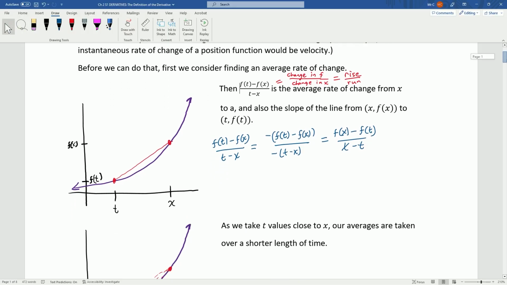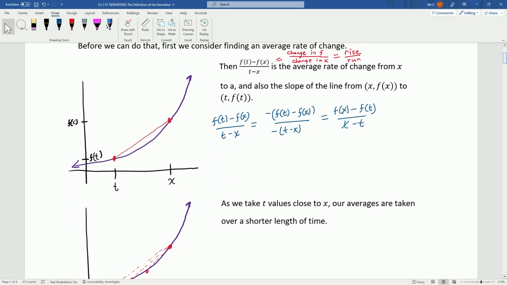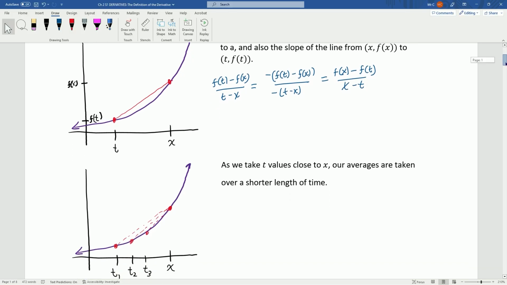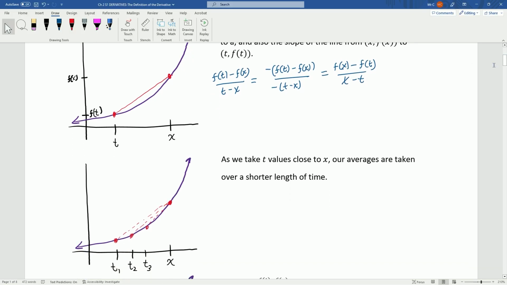Okay, so how can we get instantaneous velocity from this idea of average velocity, average rates of change versus instantaneous? Well, when we say instantaneous, we mean at a single moment in time, and this average rate of change function requires that we have 2 points in time to sample. But if we want to take the instantaneous rate of change, that's not going to work.